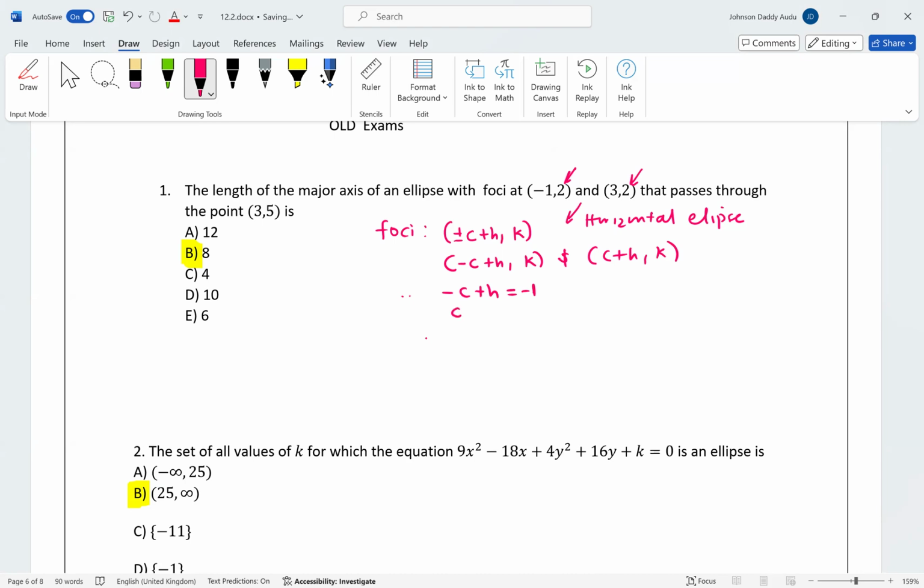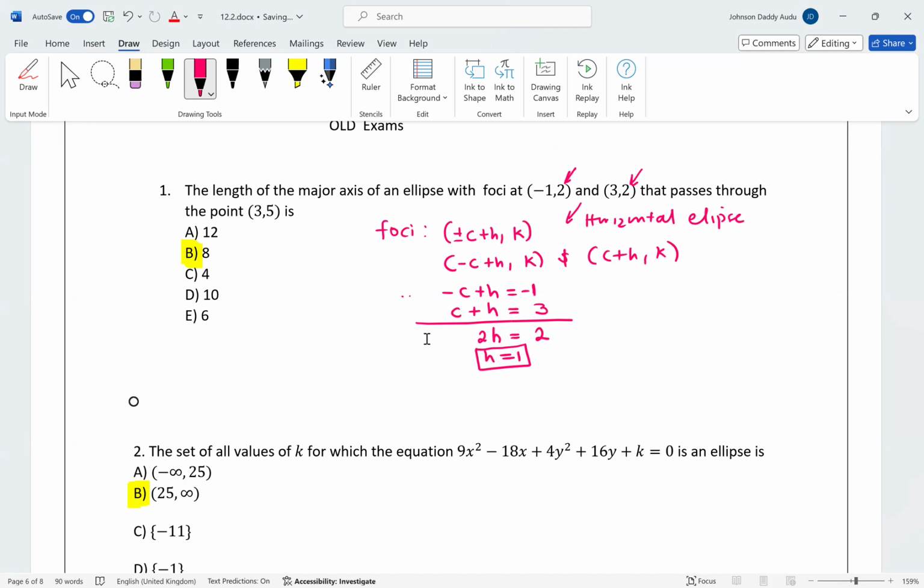Also C plus H is going to be 3. Then you can add these. If you add them, this will be twice H, which equals 2. So H is equal to 1.